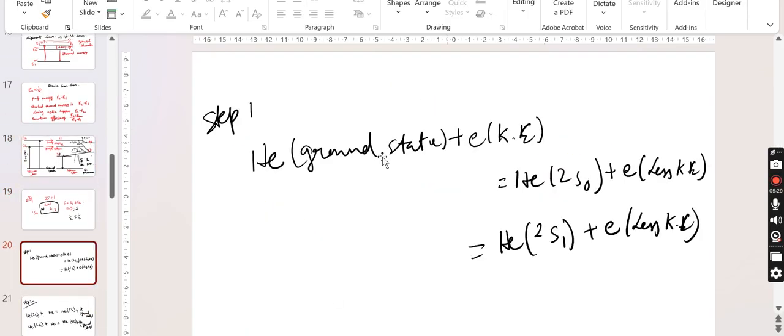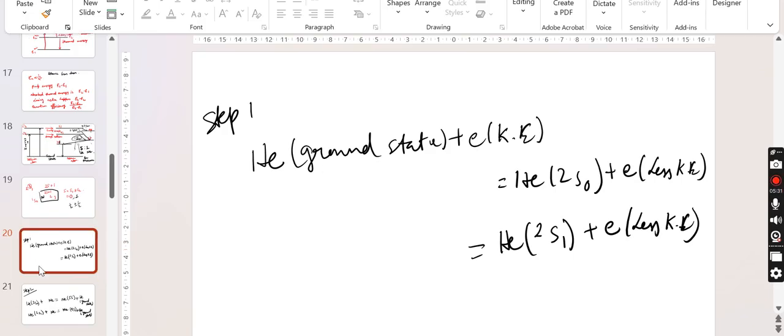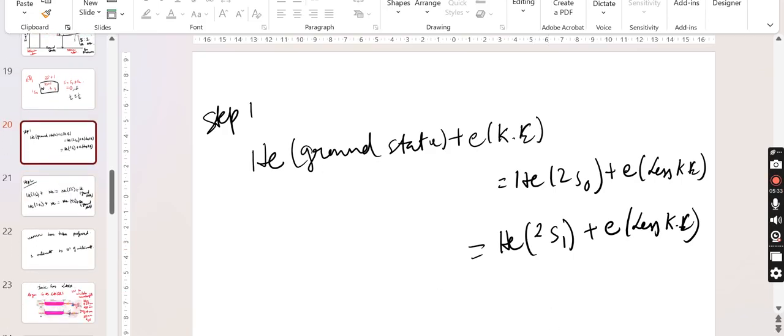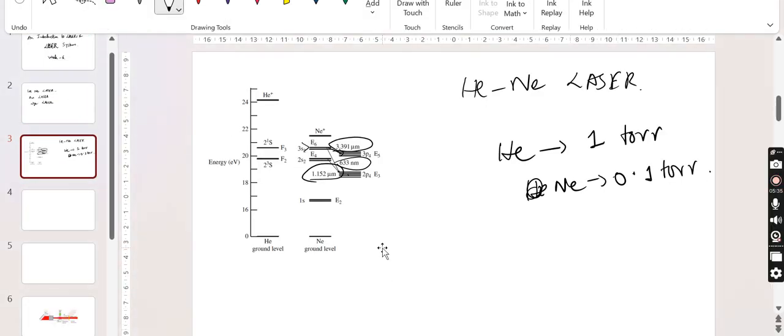These are the steps that follow in this laser action. Helium and neon are at a 5:1 ratio in the optical cavity. The actual lasing atom here is the neon atom.